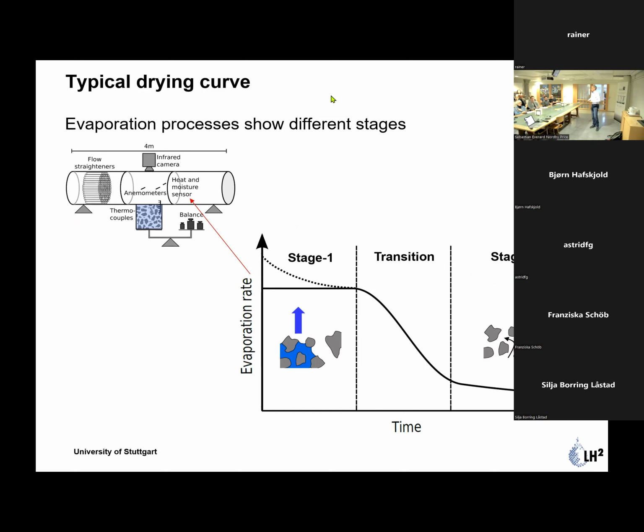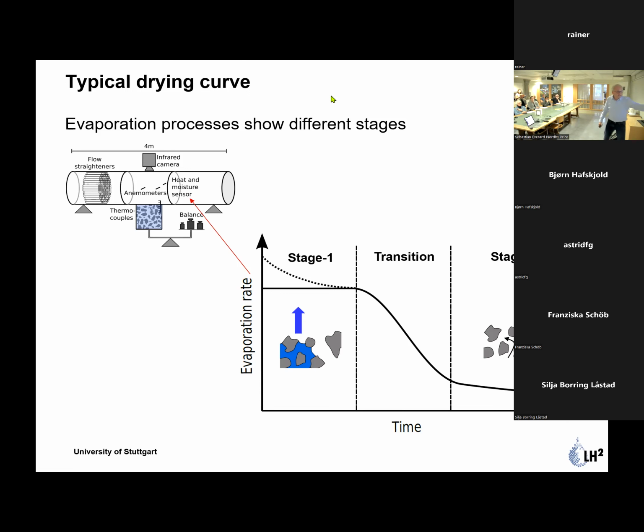And of course, there are 2 stages that are very important. Stage 1 and stage 2. Stage 1 means the liquid phase interact with the free flow. That means we have a direct evaporation process from the liquid phase, the vapor into the free flow. And after a while, this box was closed, you get decrease of the water phase, the liquid phase.